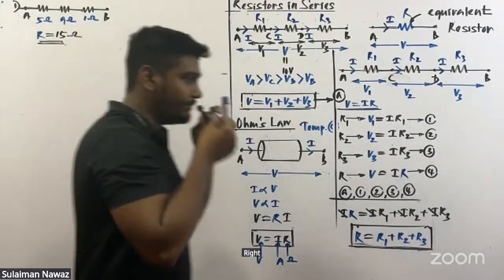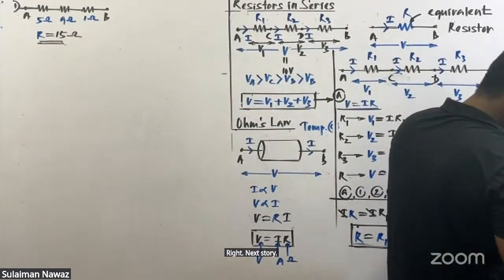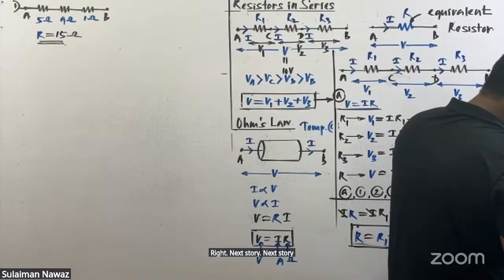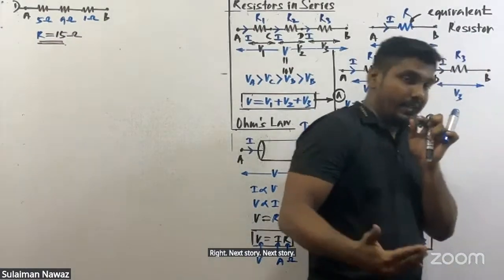Right. Next, in a different column, write down a point.